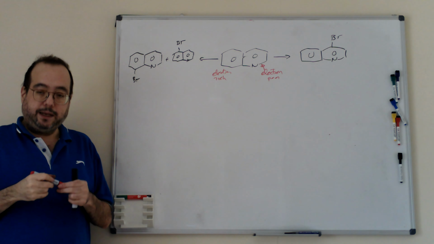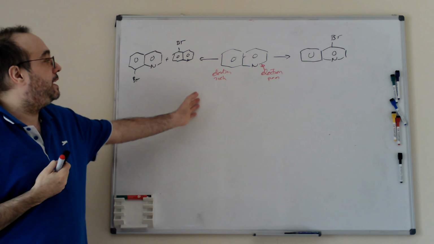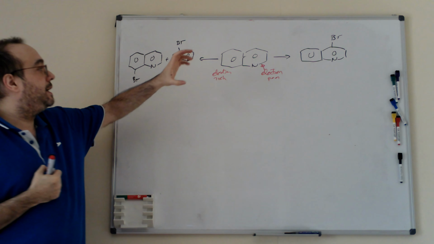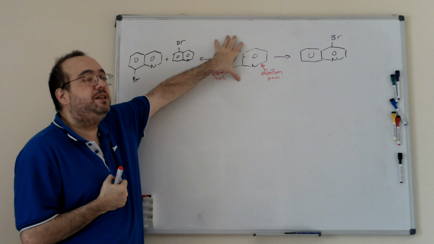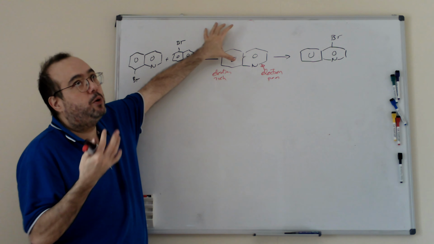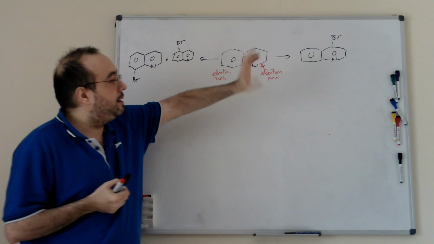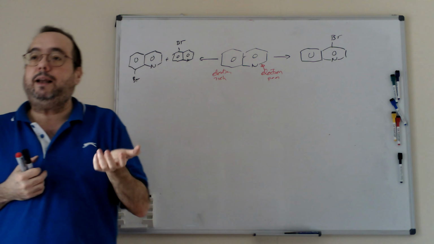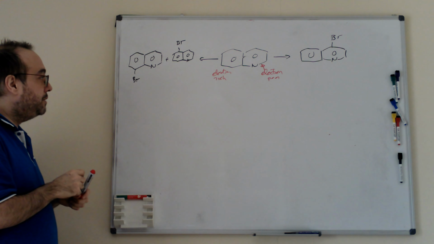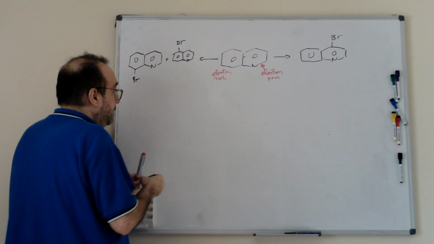Okay, that means if we want to do an electrophilic aromatic substitution, the substitution will always happen in the benzene ring, the more electron rich ring, while it will never happen in the pyridine ring.